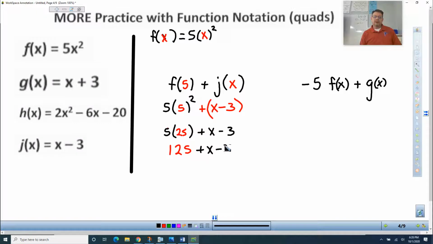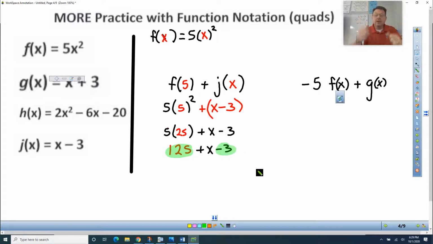plus x minus 3. Okay, let's try the highlighter. There we go. We notice that these two guys right here are like terms. And we add and subtract like terms, always, always, always, never unlike terms. Okay, so these are like terms, so we can combine them. Let's see if I can get the pen to turn back on. Sure enough. Okay, so here we go.